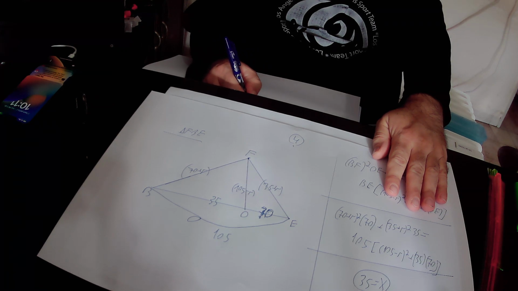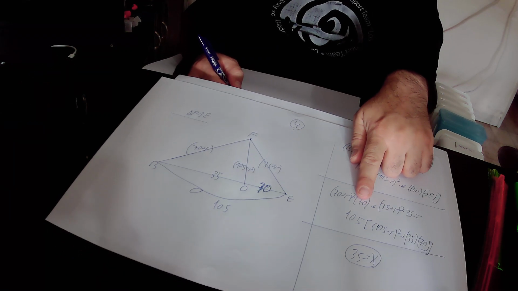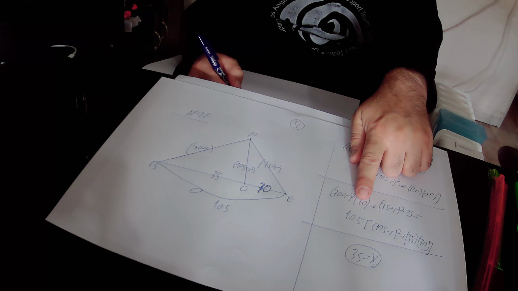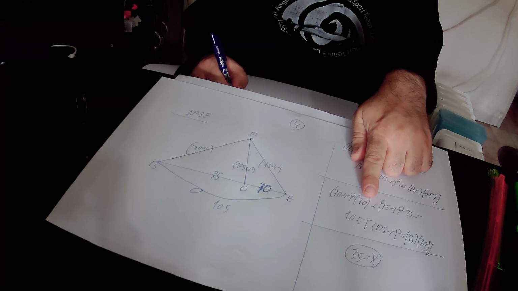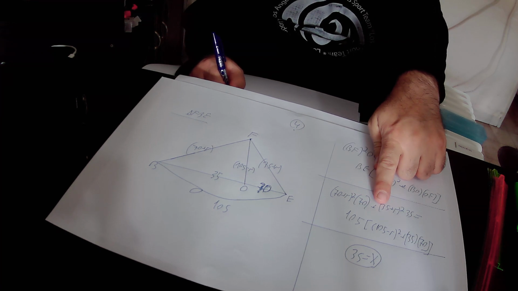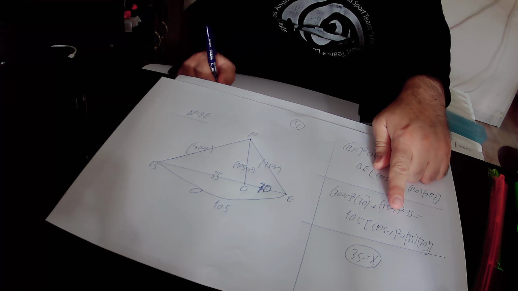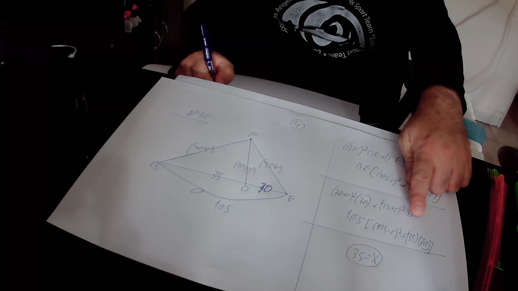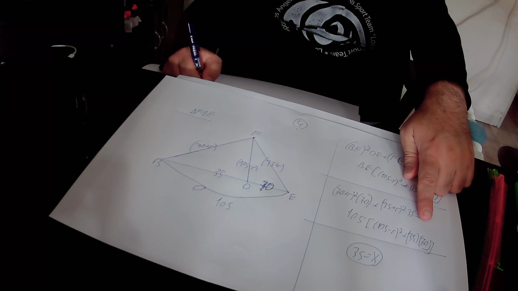On the other side of the equation we have 105. 105 is 3 times 35, so we substitute 105 by 3x. And inside the brackets we have again 105 as 3x minus R squared plus 35, which is x, times 70, which is 2x.